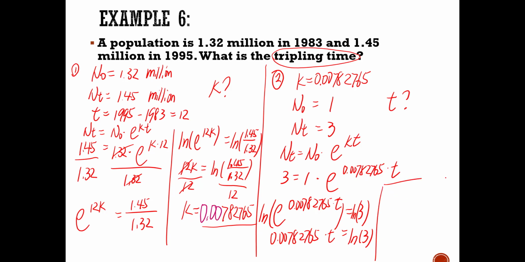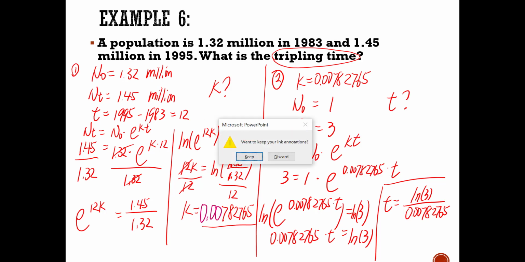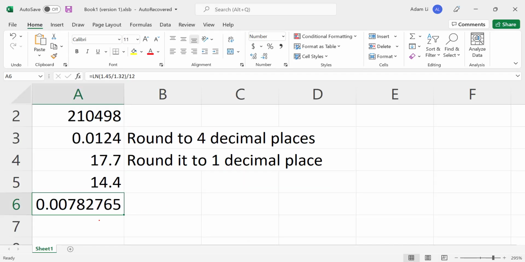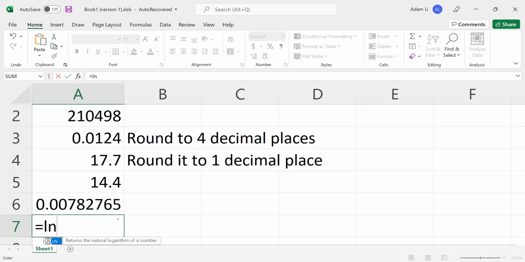So the time t is equal to ln of 3 over 0.00782765. Now, one more time, get a result from the Excel. So it's going to be ln of 3 divided by 0.00782765.